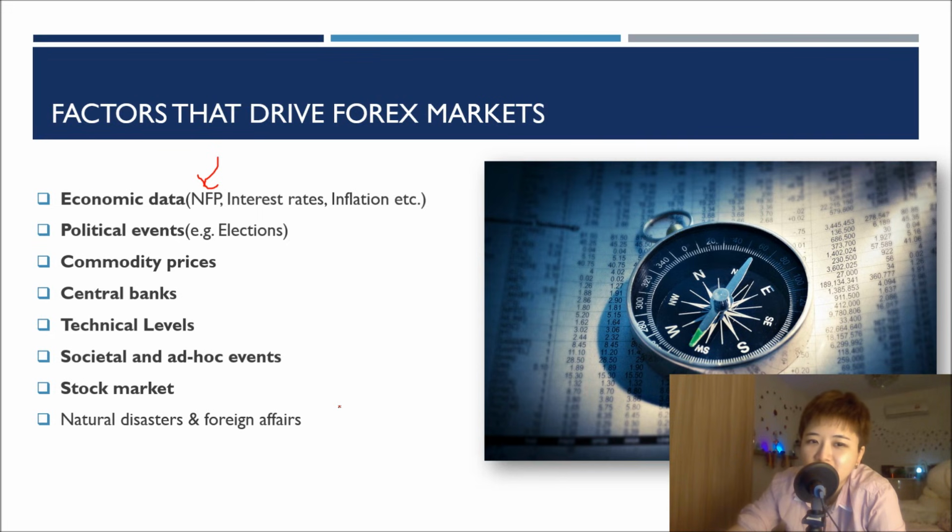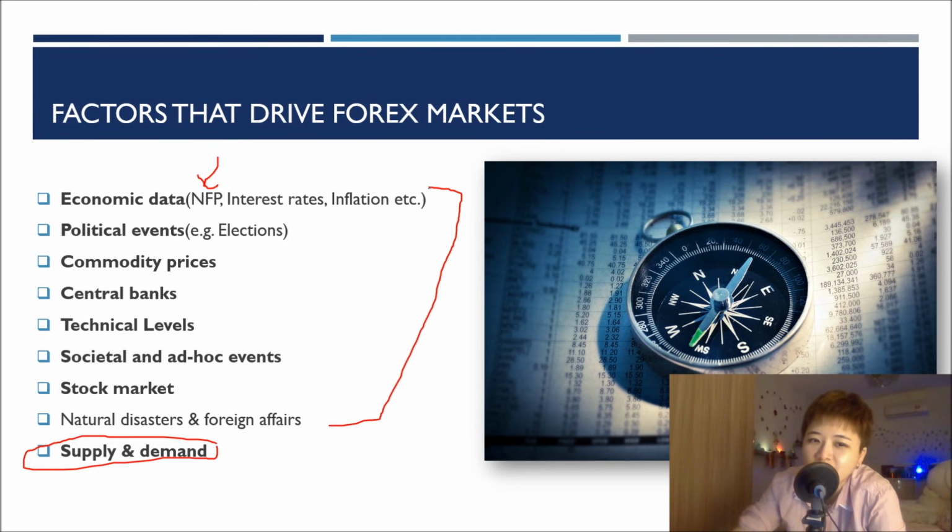And also pandemic. But basically all this comes down to supply and demand. Okay? Because all these events are going to affect how traders and investors perceive the data and hence would affect the supply and demand. Understand what I'm saying?